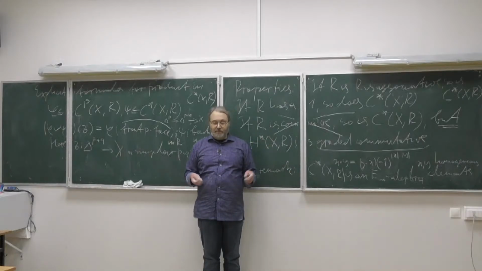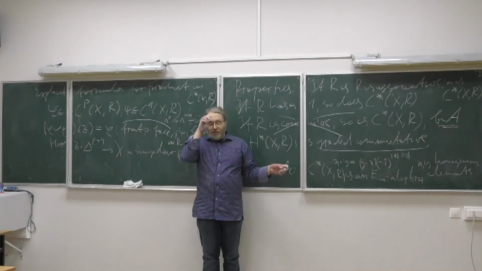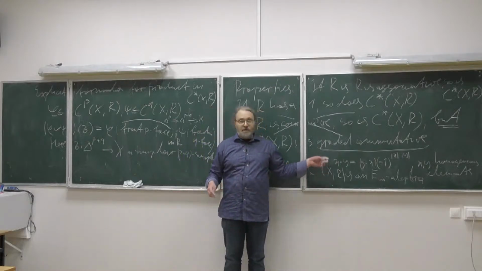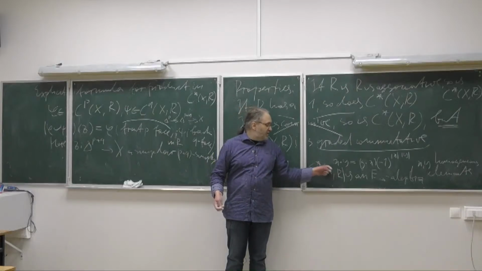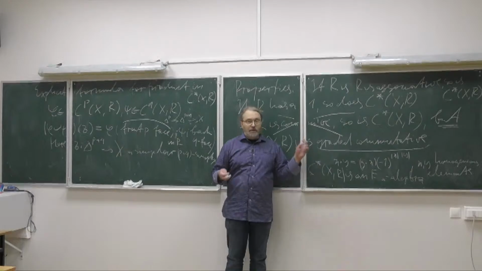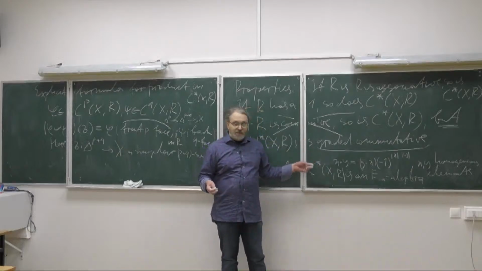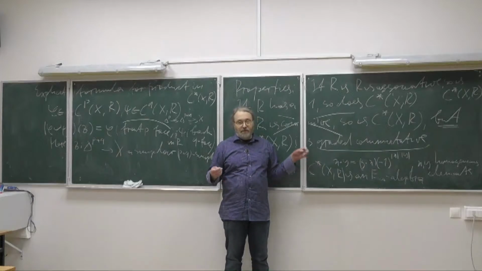And a remarkable theorem says that two simply connected spaces are homotopy equivalent if and only if their singular cochain algebras are quasi-isomorphic as E-infinity algebras.